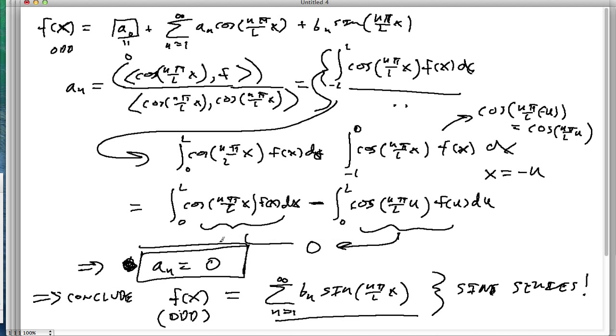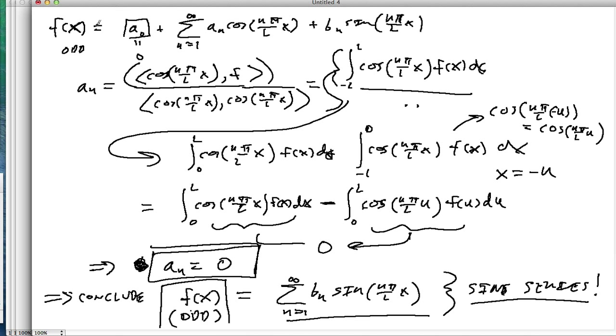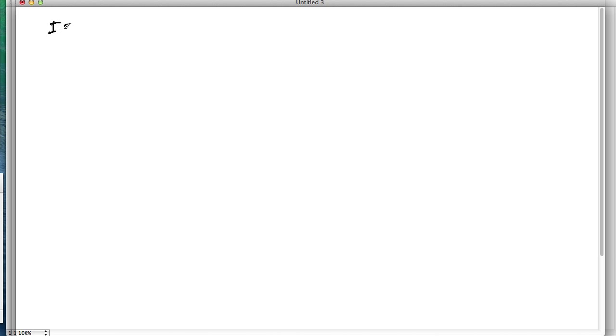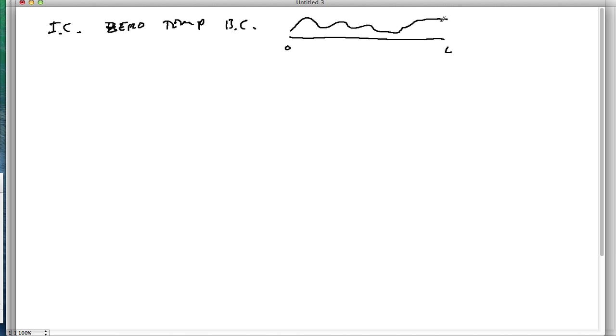So the question then is, what can we do with that? So that's nice. So now we know that there's this restricted class of functions, odd functions, such that they always produce sine series. But let's go back to our big question, which is that if I have an initial condition for our zero-temp boundary condition, and I have a bar from 0 to L, and I have an initial condition on this, and it can be anything, but we'll assume that it's piecewise smooth.